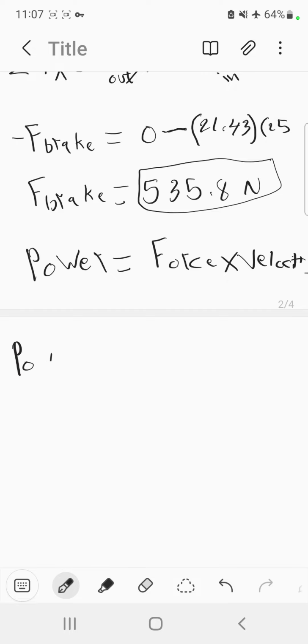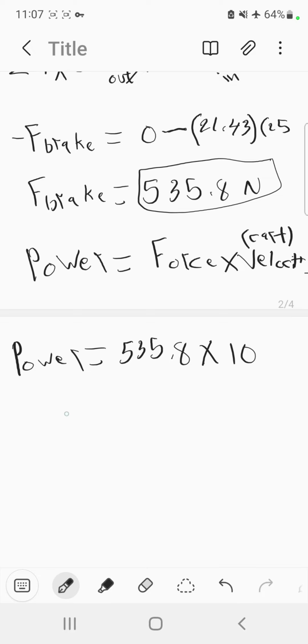So power equals the force, which is 535.8, times our velocity, which is 10, the velocity of the cart, don't forget, the object velocity. So power equals 5358 watt.